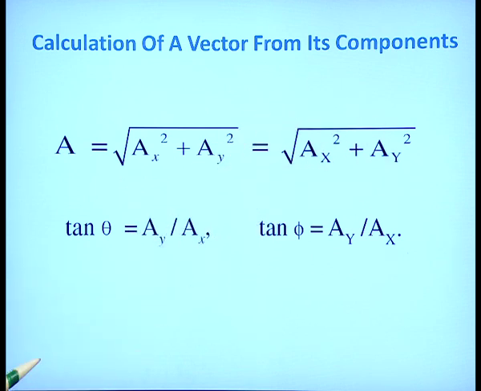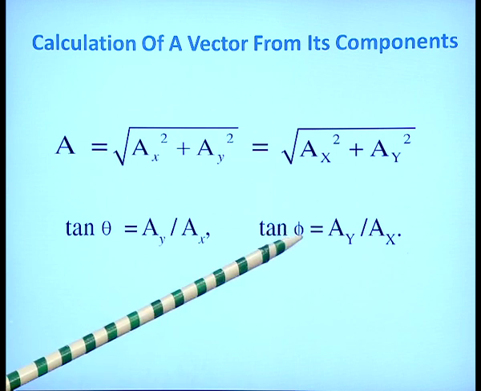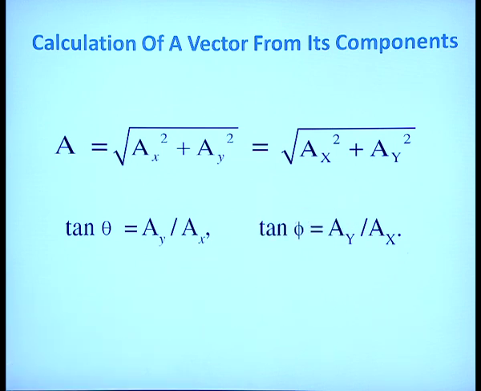So, the components of a given vector change when we change the coordinate axis. Now, tan theta equals Ay by Ax and tan phi equals Ay by Ax. So, this is the magnitude of the vector and this gives the direction of the vector. From this you can find out theta equals tan inverse Ay by Ax, and you can find out the angle between the vector and the x axis.